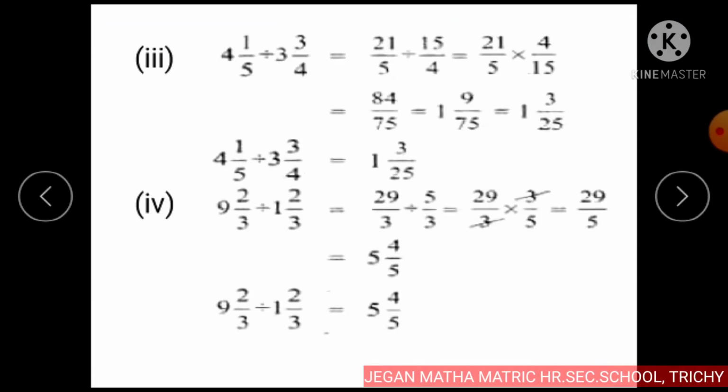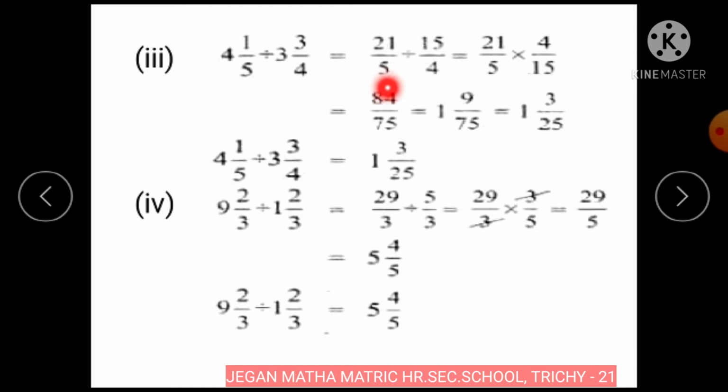Subdivision 3: 4 1 by 5 is divided by 3 3 by 4. So first we convert mixed fraction to improper fraction. So 4 1 by 5 becomes 21 by 5 and 3 3 by 4 becomes 15 by 4.